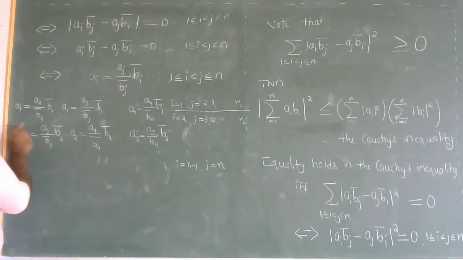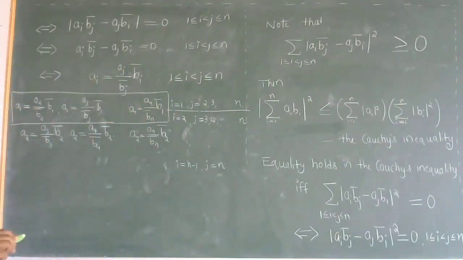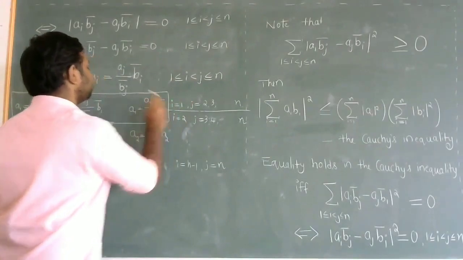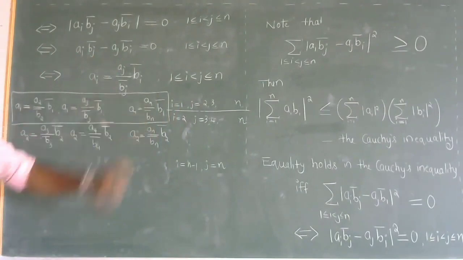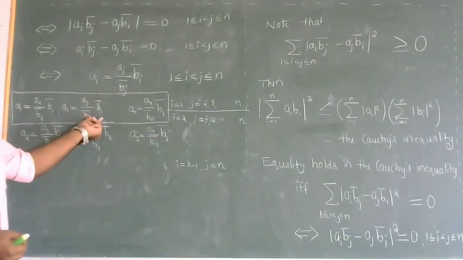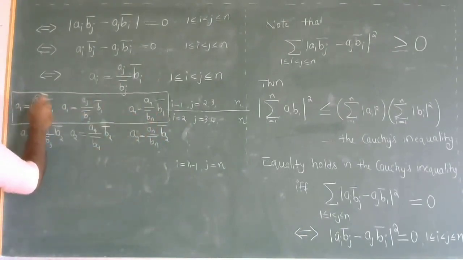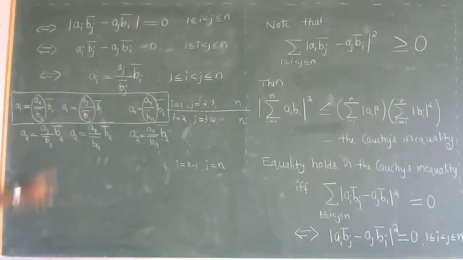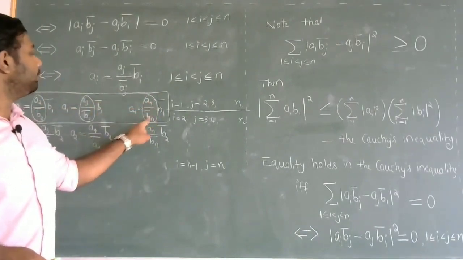Now observe the first set of equations. For the first set of equations, the LHS is equal, so the RHS has to be equal. So all these terms have to be equal, and in the RHS, b1 bar is common. So the remaining parts, all these terms, have to be equal: a2 by b2 bar, a3 by b3 bar, so on, an by bn bar.